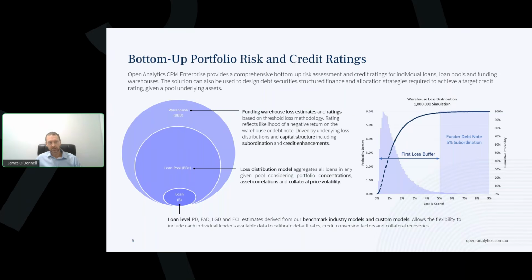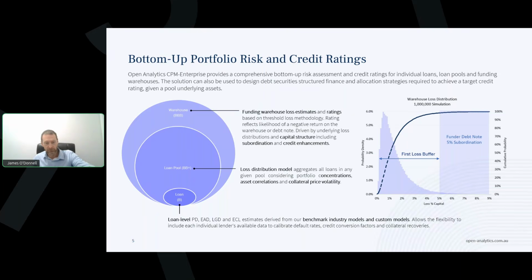And then finally, for treasury and your investor side and funders, we need more than just a loss distribution. We have to factor in things like the capital structure. So you may have a funding warehouse, but your funder may have a first loss buffer or subordination of 5%. So we're looking at what's the risk in that tail for that debt instrument or debt note.